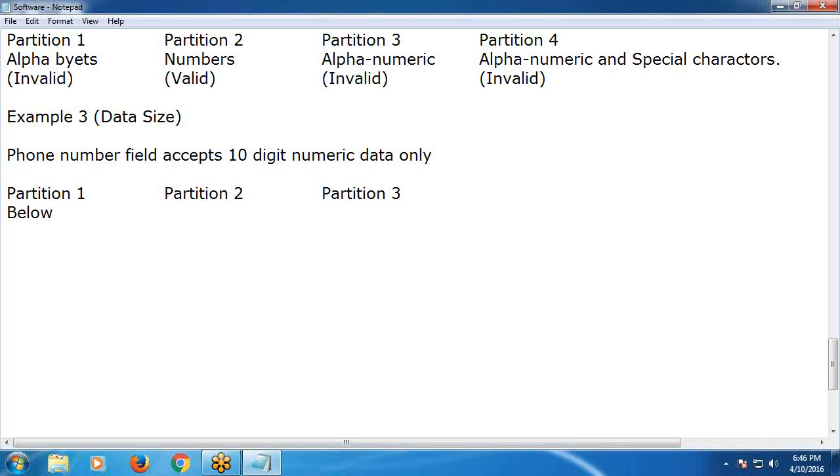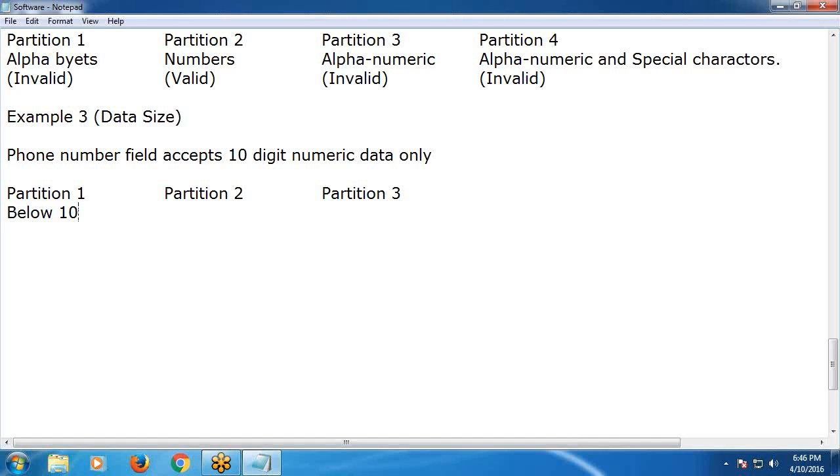Suppose below 10. Now our focus is on size. For this phone number field, we need to check numbers also, meaning type also. Data size and data type are both important, but in our example I am covering only data size.